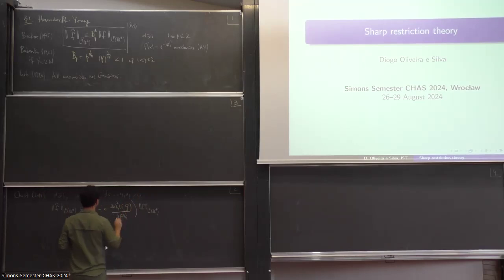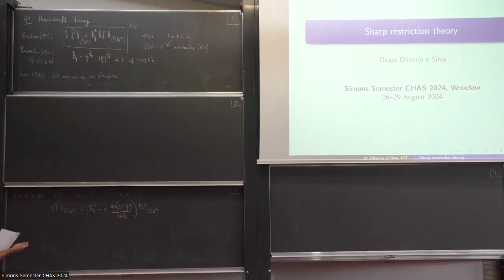So this is a stability version, or a sharpened form, of the Hausdorff-Young inequality. It basically tells you that if you're close to being a Gaussian, so if you're a Gaussian this distance is 0 and we just recover Beckner.